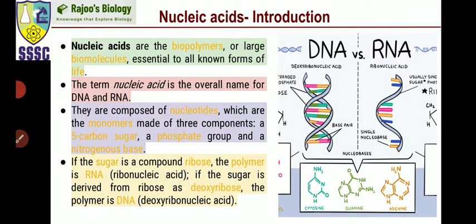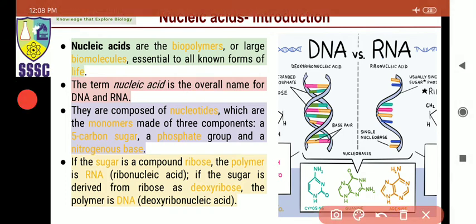Right now we are not discussing in detail what DNA and RNA are, but formally the D stands for deoxyribose acid, and here there is a ribose sugar.